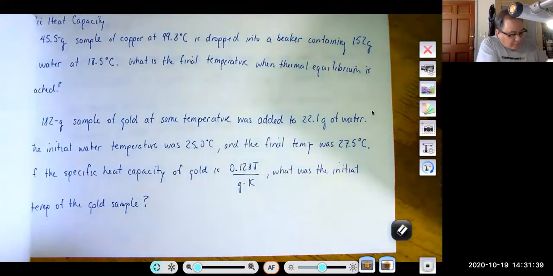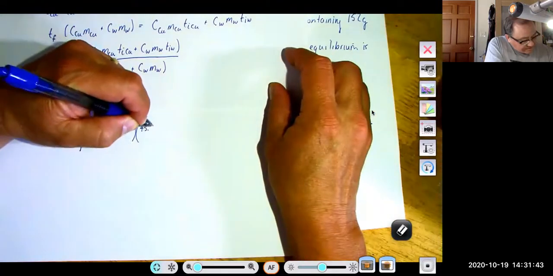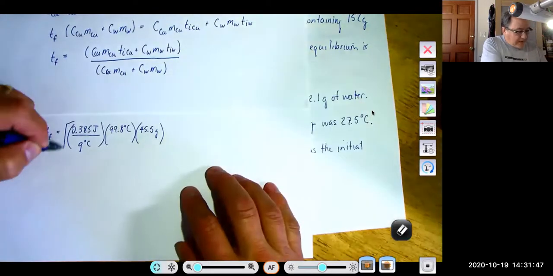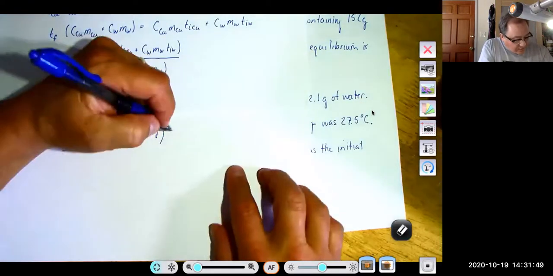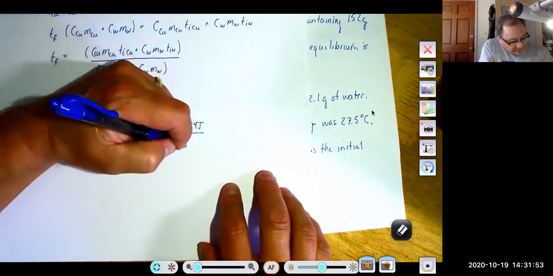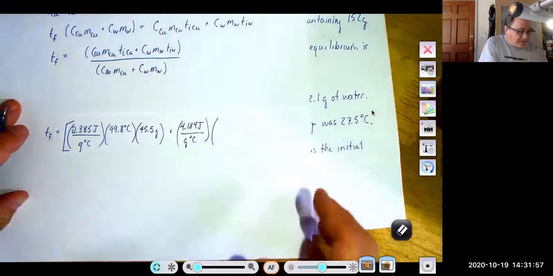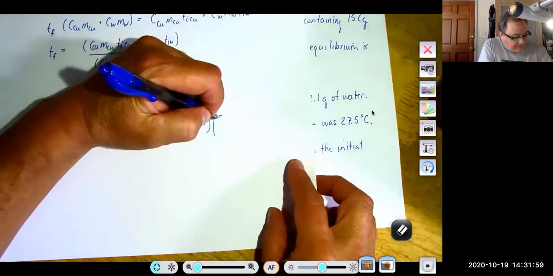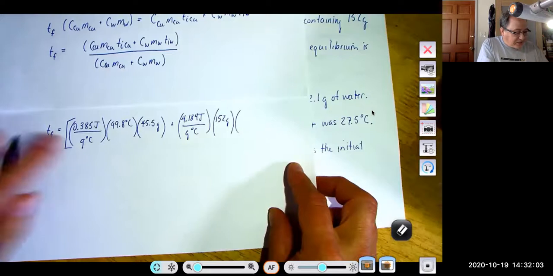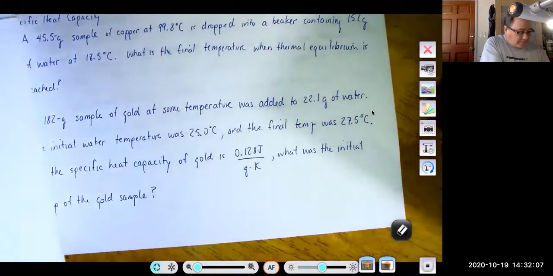Nope, 45.5 grams. And the specific heat capacity of the water is 4.184 joules per gram degree Celsius. The mass of the water was 152 grams. And the initial temp of the water was 18.5.